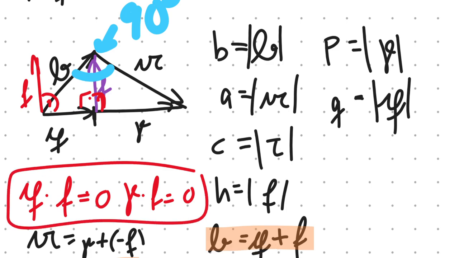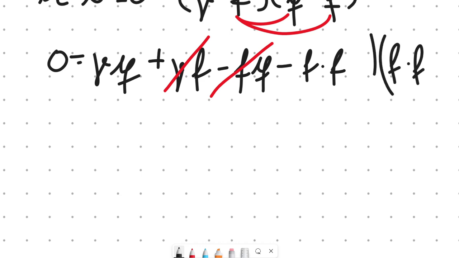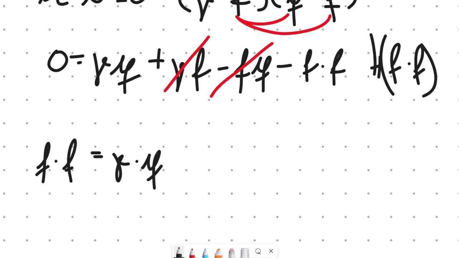So these cancel out. We're going to bring the F times F to the other side, and we get F times F is equal to gamma times gamma 2.